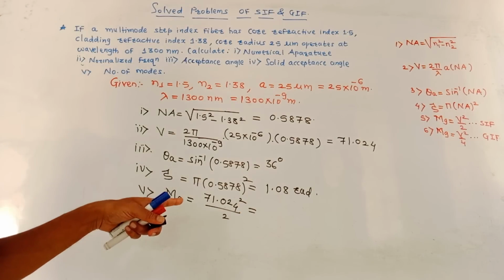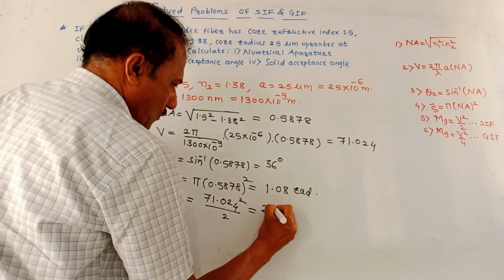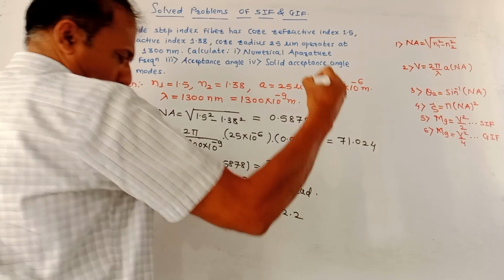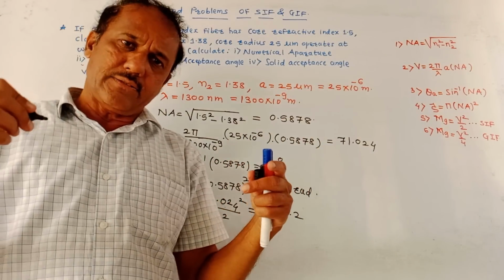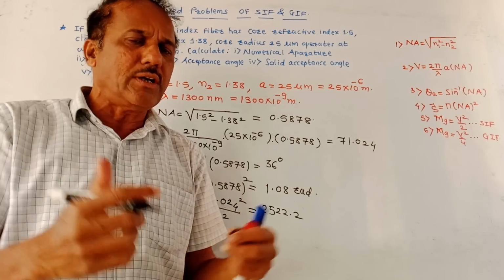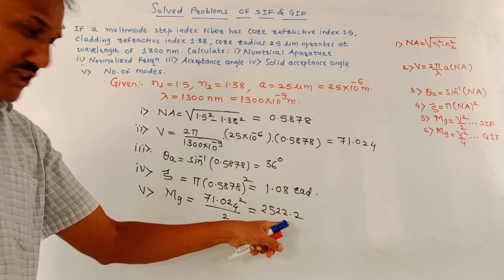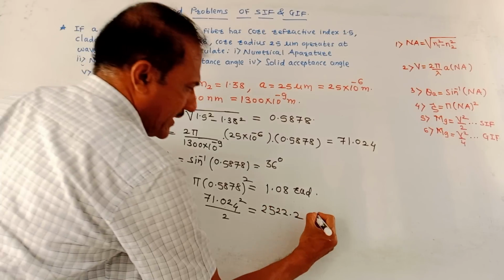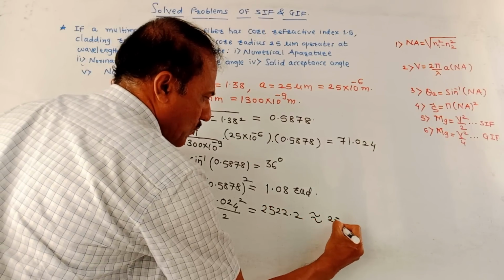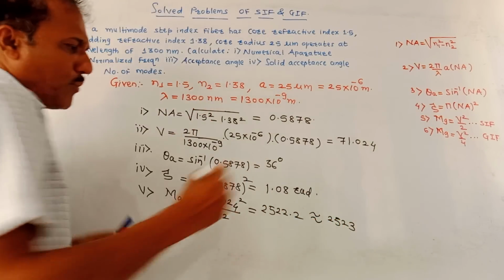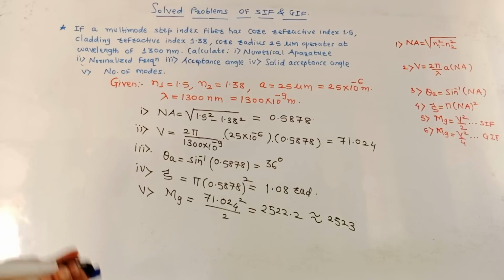So the answer of number of modes will be 2522.2. Now do remember this value represents the total number of modes that are propagating through the given fiber. This must be an integer, so approximately we can write this value as 2523. So 2523 modes will be propagating through the given fiber.